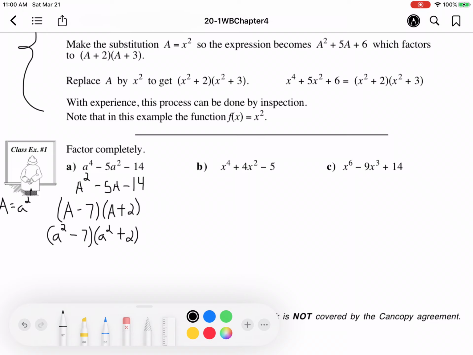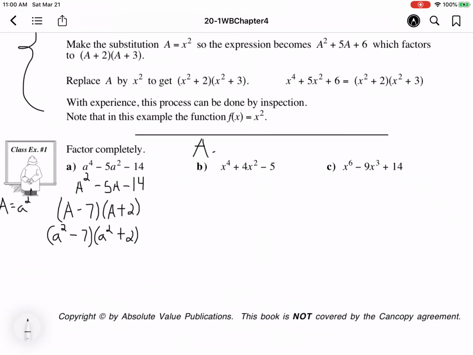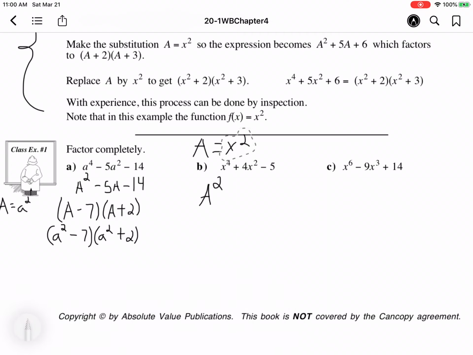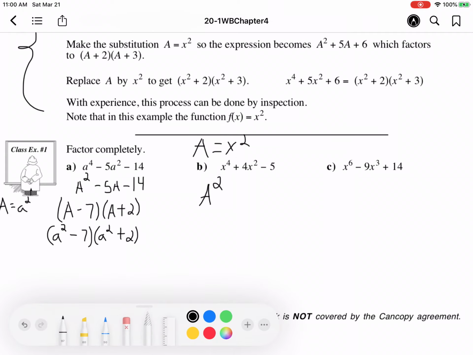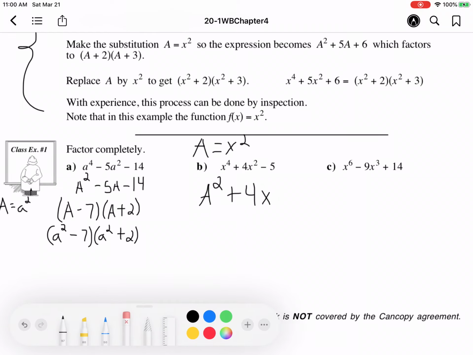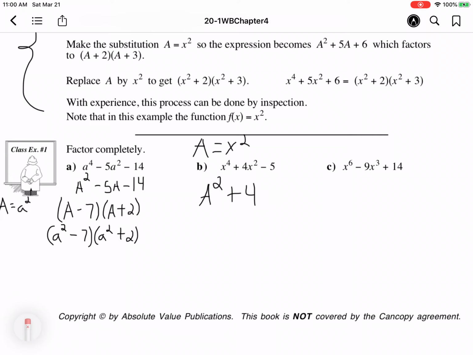In this case, we're going to use capital A and say that A is equal to x squared. This allows us to say that the first term is A squared, because x squared squared is x to the 4. So that becomes A squared plus 4A minus 5.